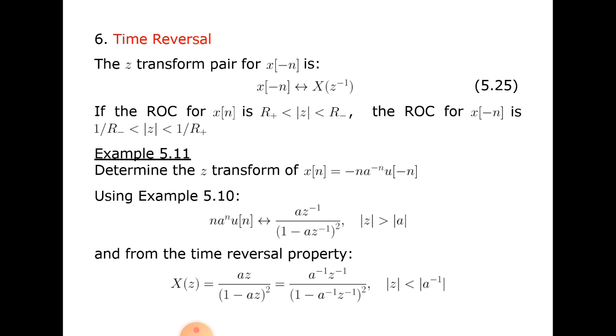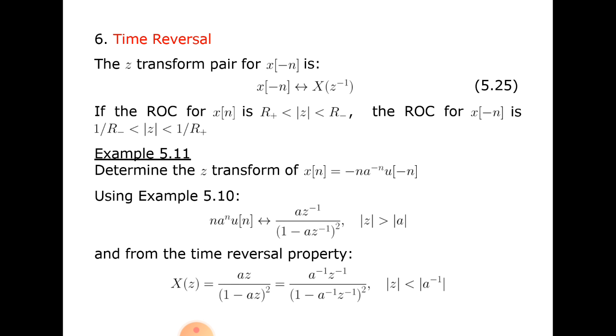Determine the z transform of x[n], which is equal to minus n a^-n u[-n]. Using the earlier example, n a^n u[n] lies between a z^-1 divided by (1 minus a z^-1) the whole squared, with |z| greater than |a|.